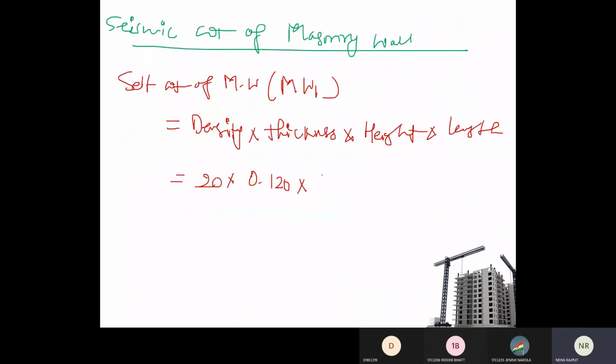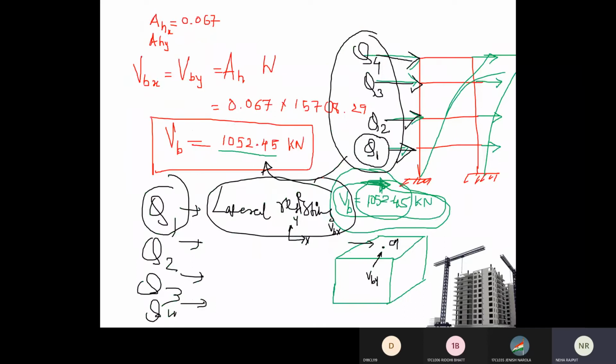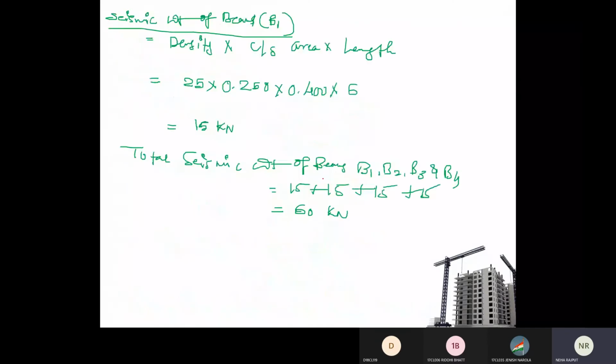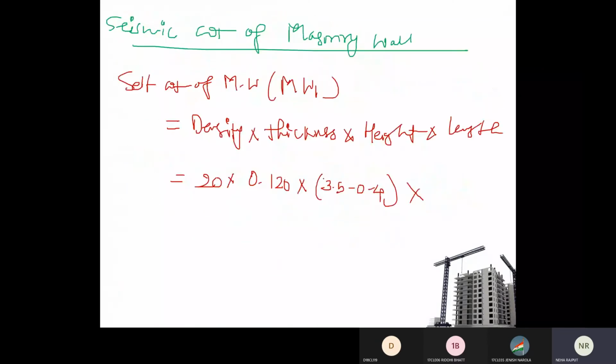So here height will be 3.5 minus 0.4. And what is length? 6 meter. Chalo. So this will give you self weight of masonry wall 1. યાદ આવ્યું તમને? Depth of beam minus કરવાનું.